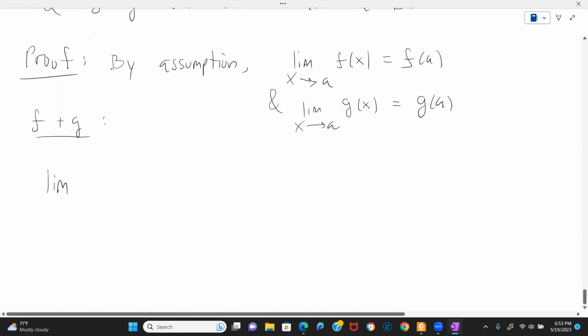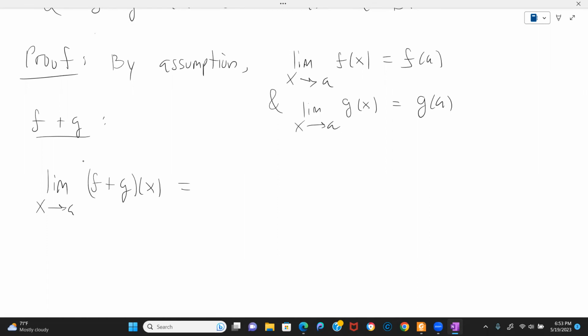All right, so now let's take the limit as x goes to a of f plus g at x. Well, by definition of function addition, this is going to be f of x plus g of x. And now we know that these two limits exist, and in fact they equal f of a and g of a respectively.